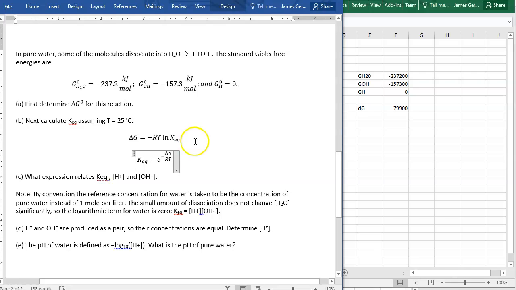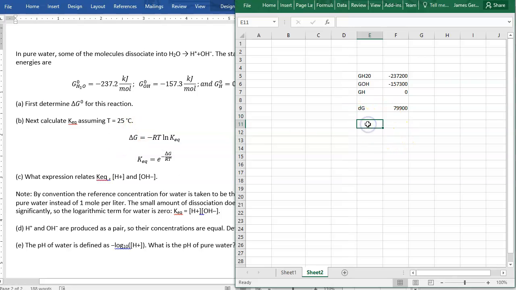So let's go calculate what that is. We need R. So R is 8.31445. We need T. So T here is 25, but we need T in Kelvin, so that plus 273.15, being picky with the 0.15.